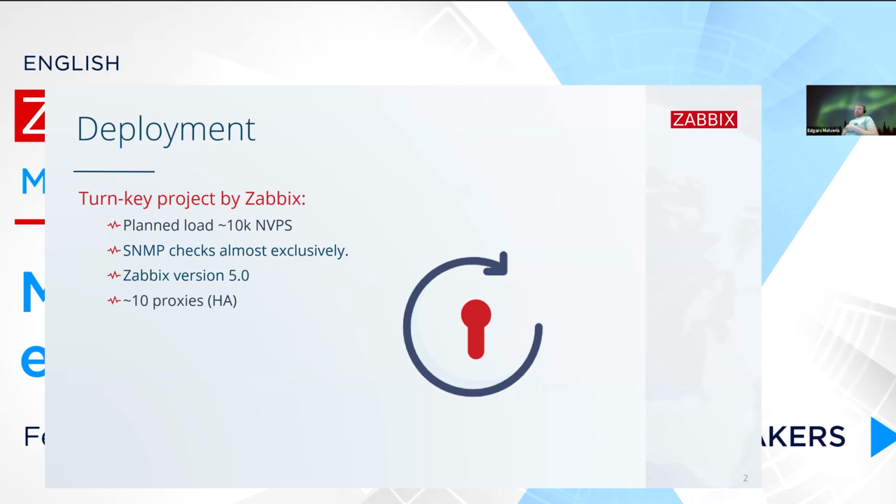We already knew we were going to do basically only SNMP checks there. At that moment, the LTS version of Zabbix was 5.0. By calculating the amount of devices, locations and everything, we had planned for 10 proxies. All the proxies were also set up in high availability, as was the Zabbix server.